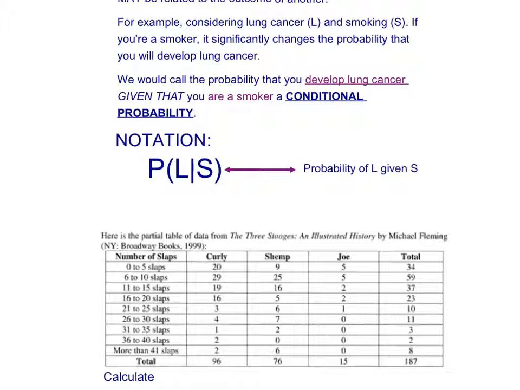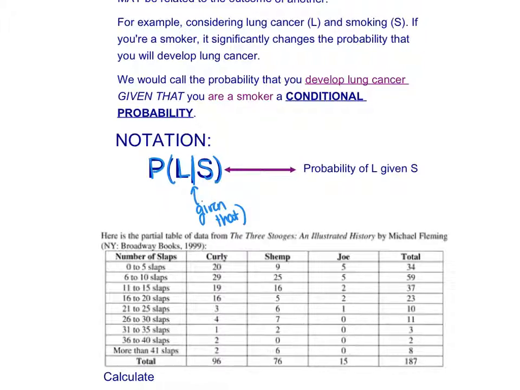We would call the probability that you develop lung cancer, given that you are a smoker, a conditional probability. The notation is going to be with this bar. So it's the probability that you develop lung cancer, given that you are a smoker, is how that would read.